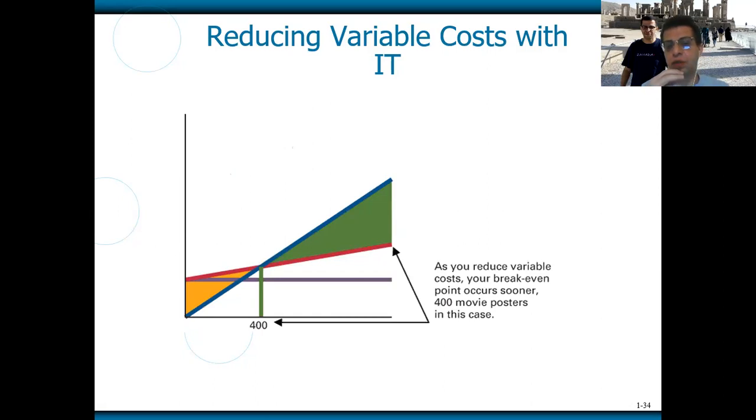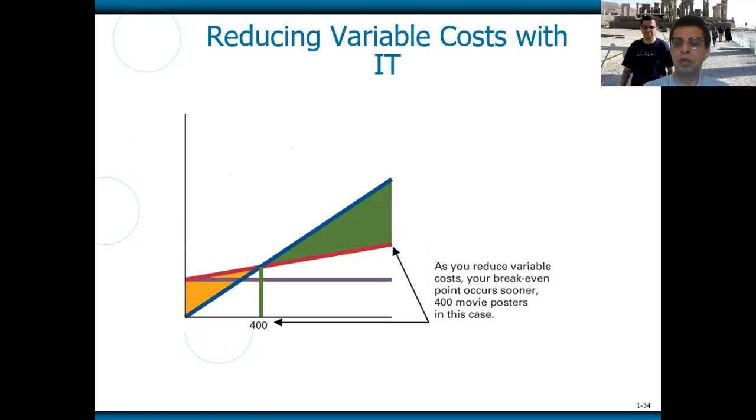Now, when you reduce the variable cost, your break even point occurs sooner. And the reason is, let's say, as we said, you made a software, and this software can be copied again and again and sold. That's what Microsoft does, what Apple does.